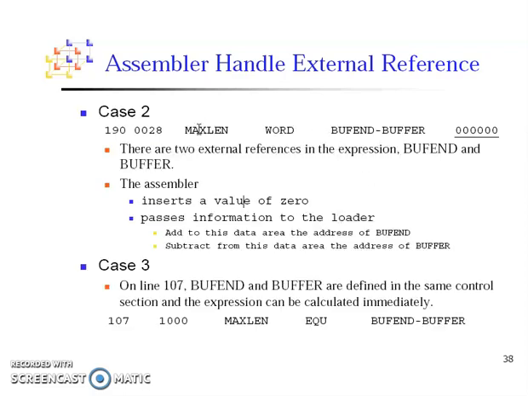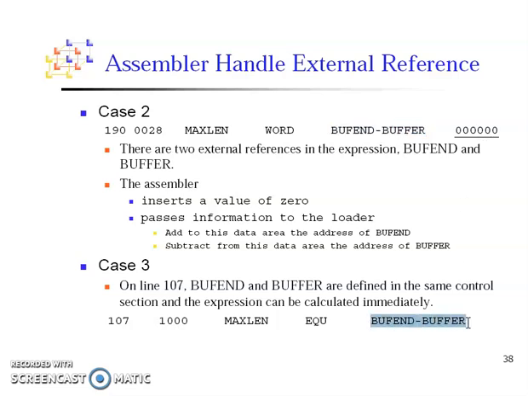And in the other case like MAXLEN, BUFEND minus BUFFER, two external references are used, that is BUFEND and BUFFER. In this case also the assembler inserts a value 0 and passes the information to the loader. What you have to see is if BUFEND and BUFFER are defined in the same control section where the expression is used, then in such case the address will not be generated.